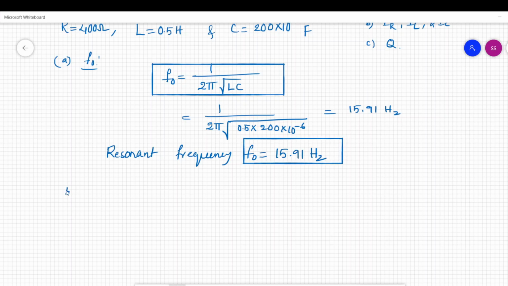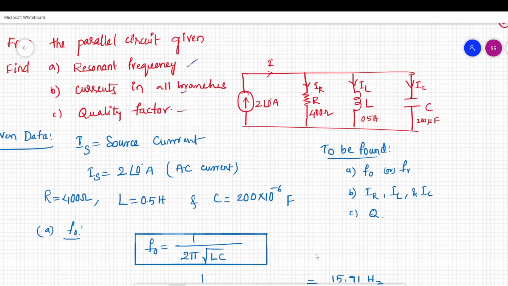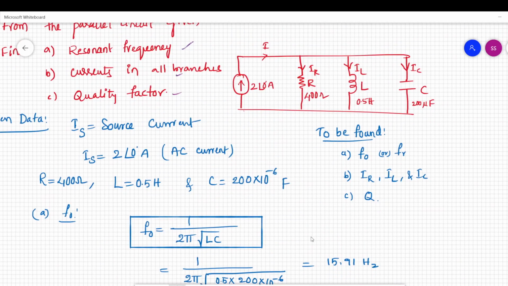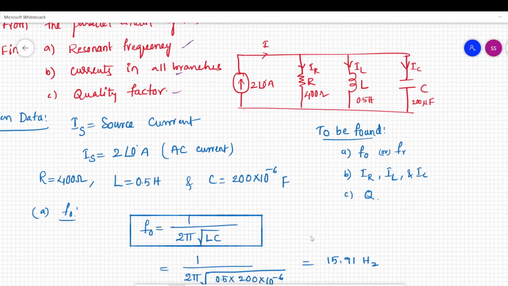Now let us find the second parameter, that is current through each element. So how can you find current? We need to find IR. Here the supply is not voltage, it is current, right? So current will divide among these elements. At resonance the current through the resistance is the same as the current from the source.